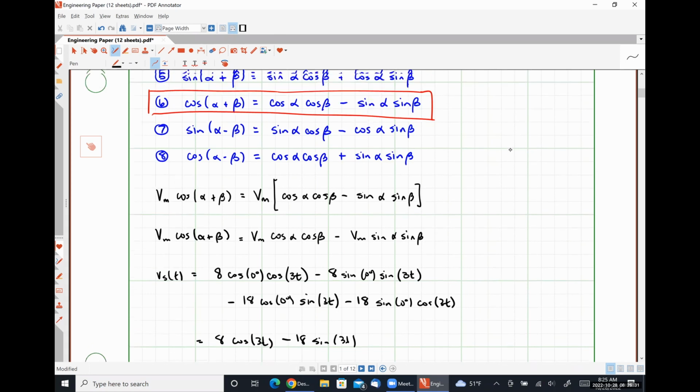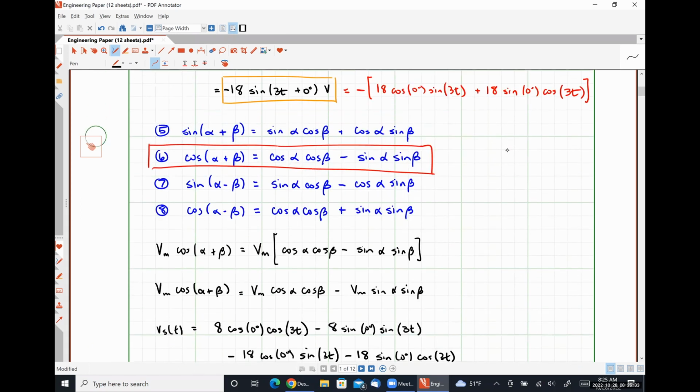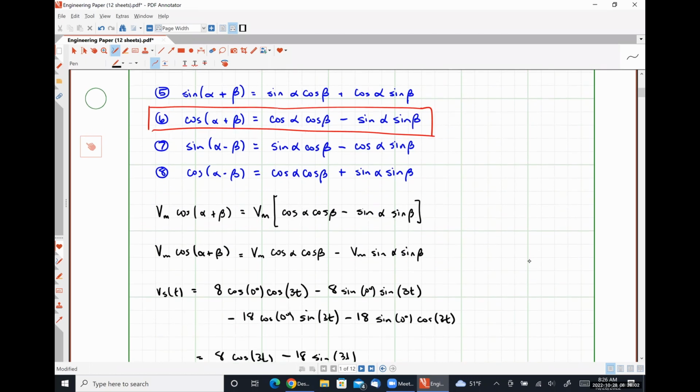So effectively, what I'm trying to remember to do here is figure out how to get the magnitude and the phase angle from this, right?